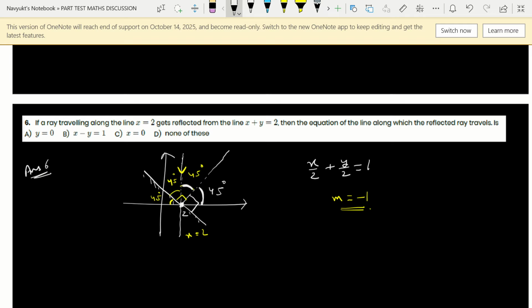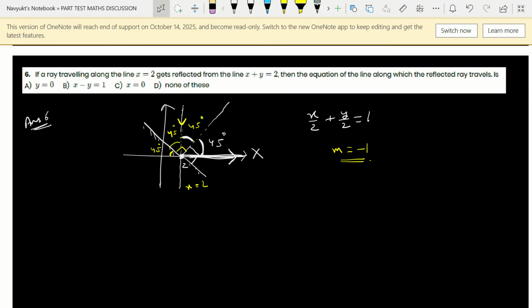Hence, our ray will get reflected in the x direction itself. So finally, what we need to find is the equation of the line along the reflected ray. Fine, so this is the x-axis only. What is the equation of the x-axis? Y equals to 0, right? So we get our answer, option number A.